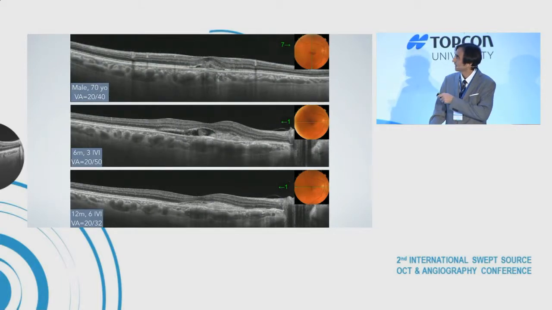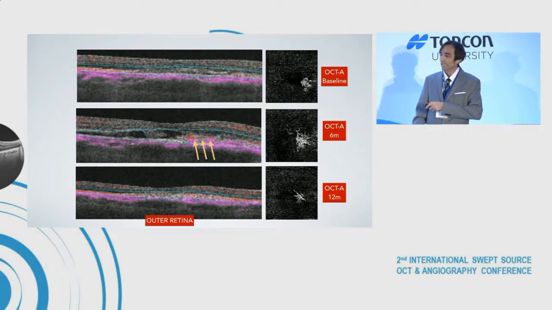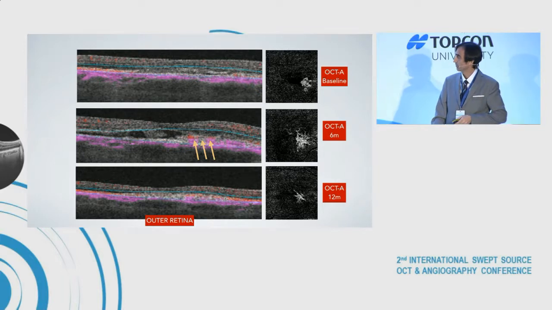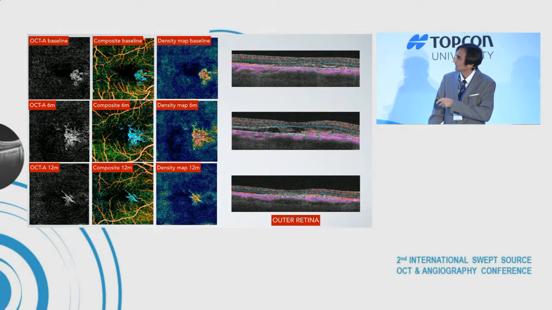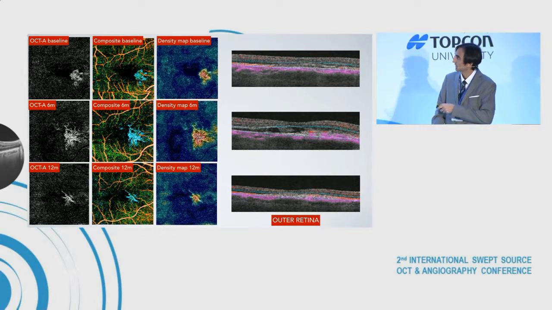This was the case, baseline, 6 months, 12 months, and here we can see very nicely that at the 6-month follow-up, there's a clear enlargement of the lesion and an increase in the blood flow signal that accompanies this enlargement of the lesion. And this is the reconstruction of this case with the OCT, the composite image, and the density map, which can be complementary and give us additional information to the regular OCT-A.